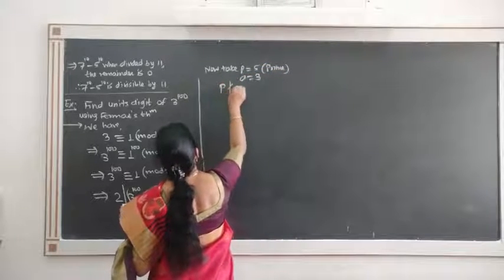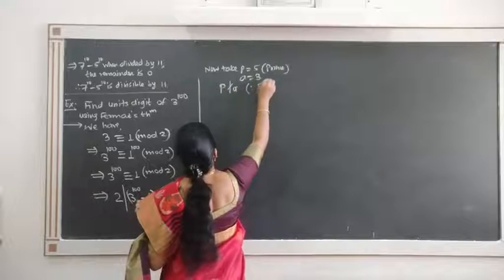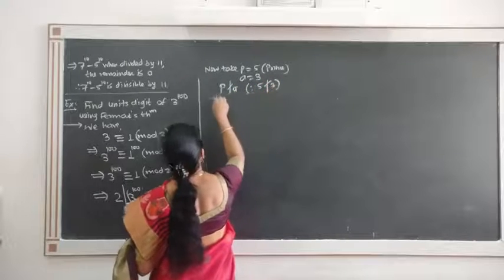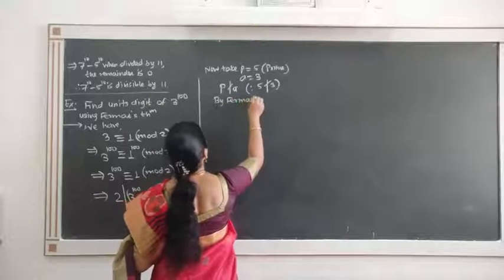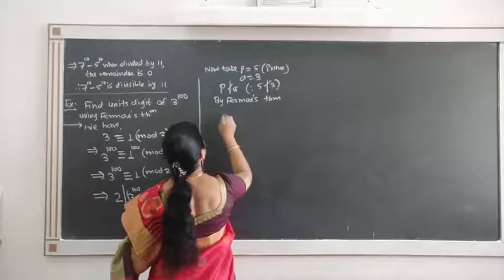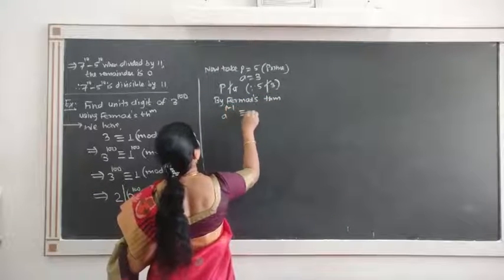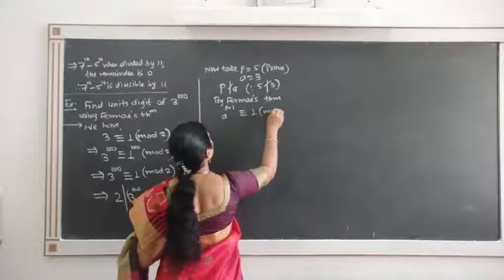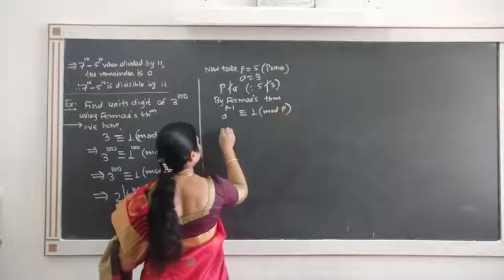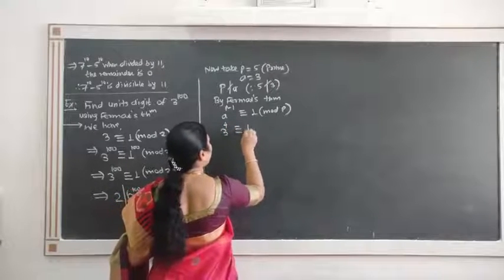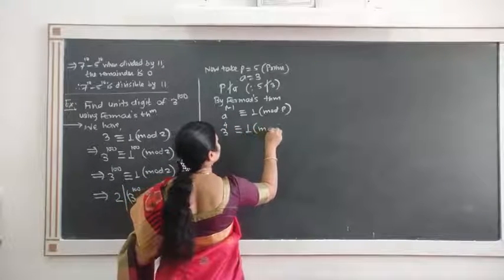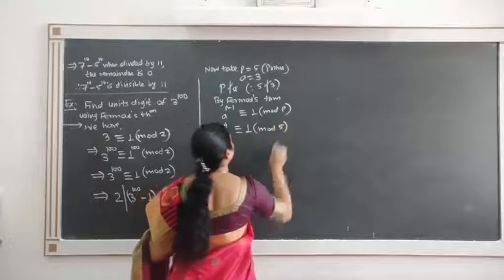P does not divide A because 5 does not divide 3. So we use Fermat's theorem. What is Fermat's theorem? A raised to P minus 1 is congruent to 1 modulo P. A is 3, so 3 raised to 4 is congruent to 1 modulo 5.